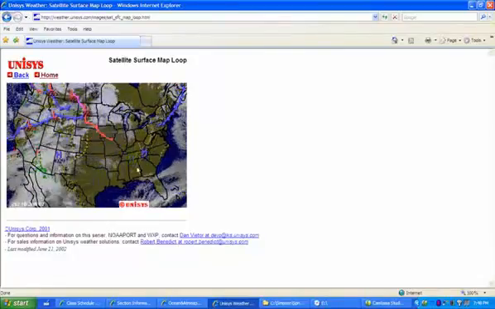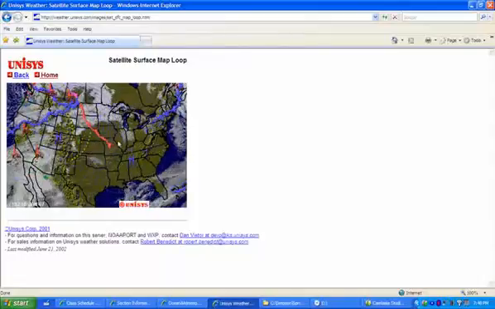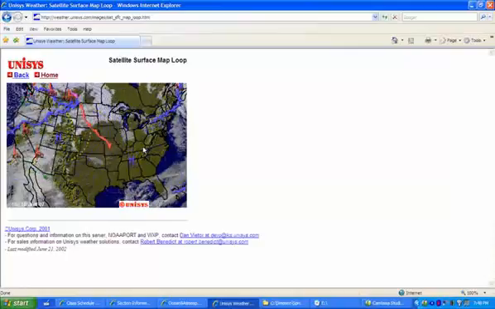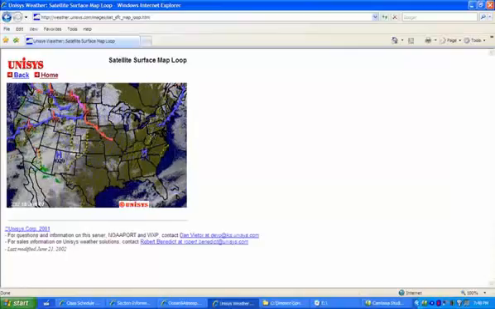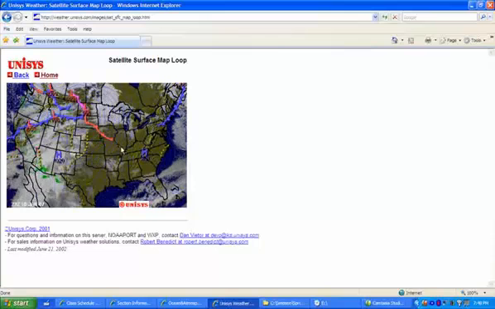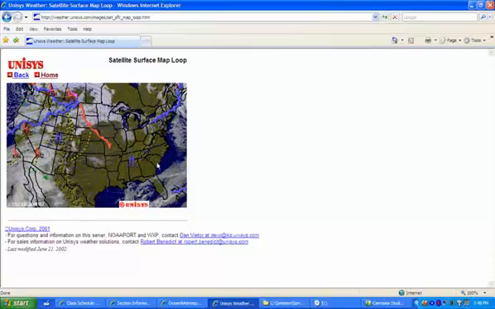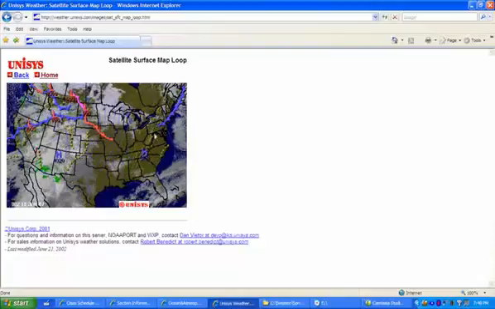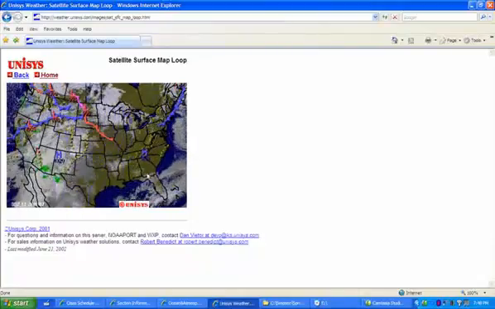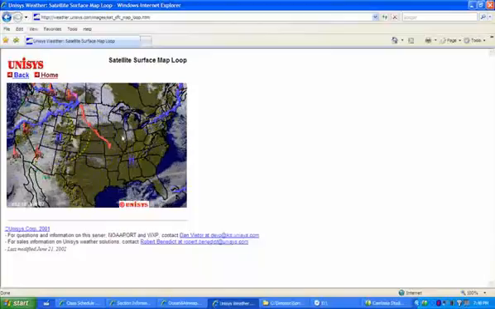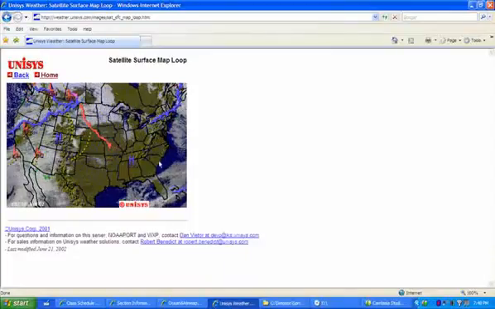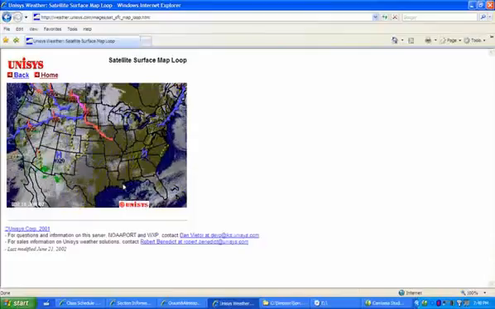Notice over here in the southeastern U.S., we have high pressure. And typically with high pressure, you see clear skies, fair weather. Now, notice how I'm moving the cursor clockwise around the high pressure. That is the wind flow around high pressure. So, where would you expect the winds to be coming from in Iowa?